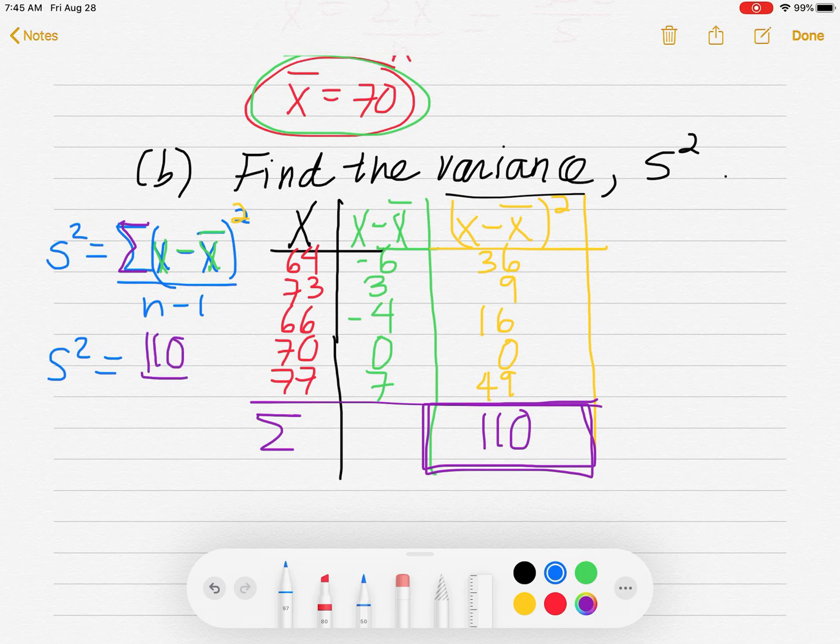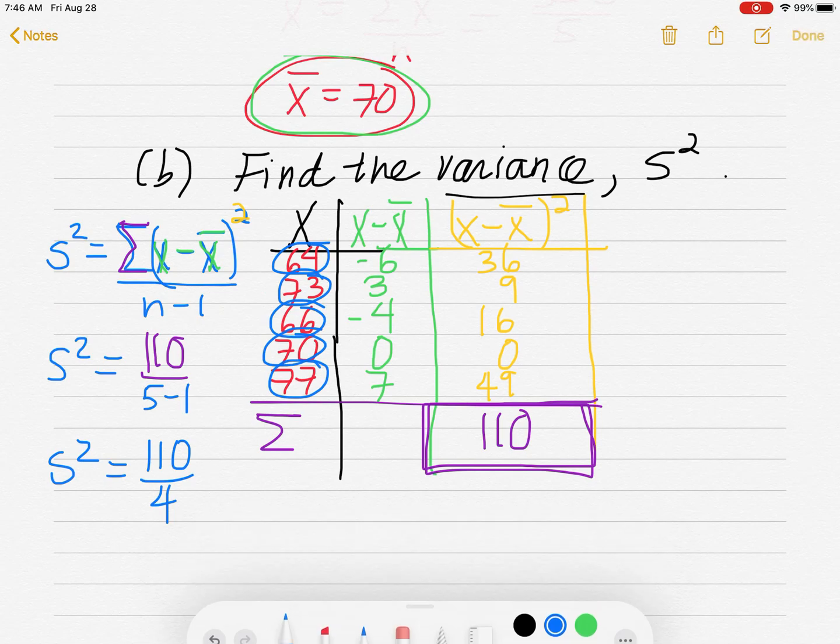And then you have to divide that by n minus 1. What was n? How many data values are there? There are 1, 2, 3, 4, 5. So we're going to divide by 5 minus 1. So s squared is going to be 110 divided by 4.